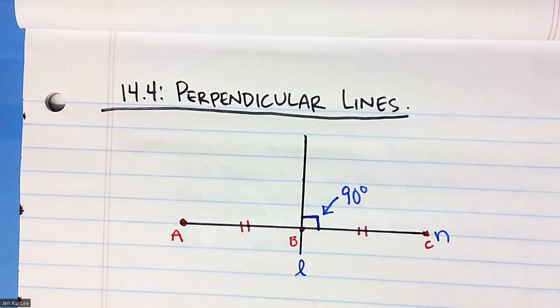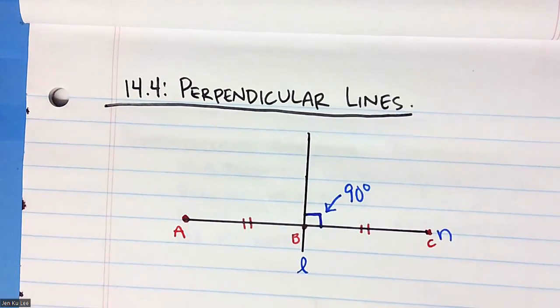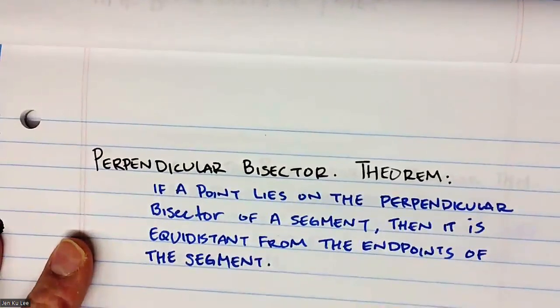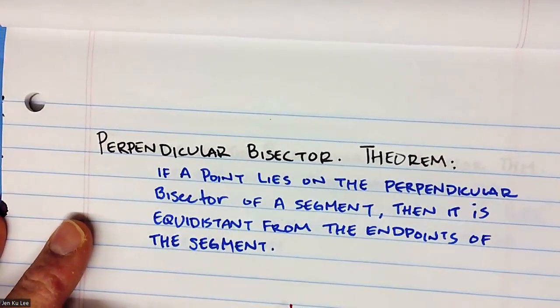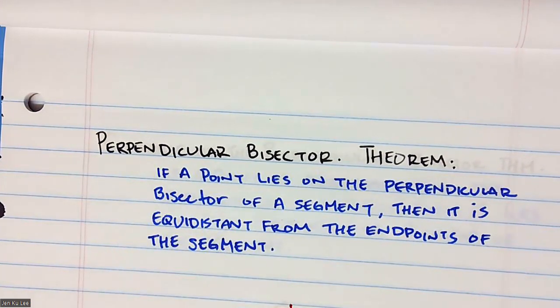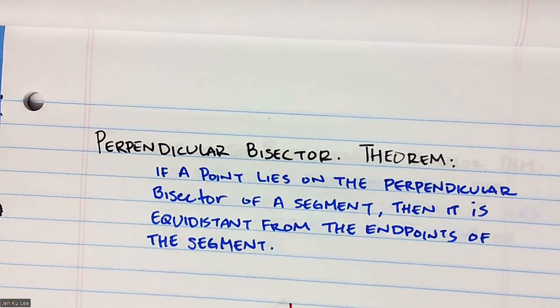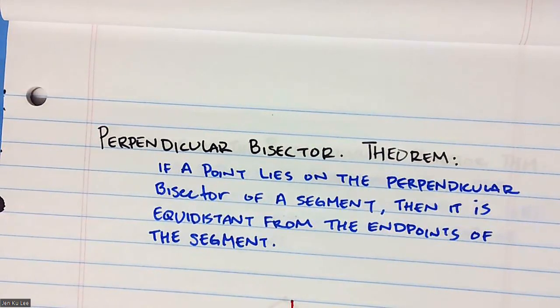So let's see how we use this. There is a theorem called the perpendicular bisector theorem. It says if a point lies on the perpendicular bisector of a segment, I'm going to pause right there because it's an if.